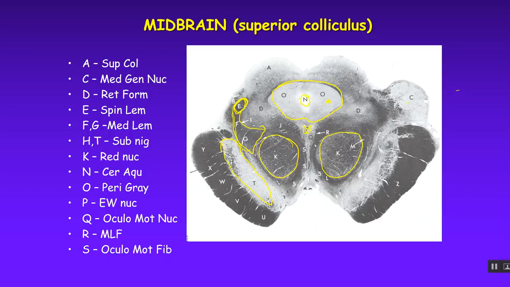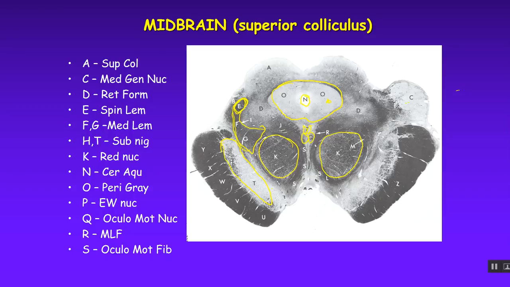little nuclei in here, most medial nuclei, a little bit back behind the oculomotor nucleus. That's the Edinger-Westphal nucleus. That's those little parasympathetic fibers that go for constriction of your pupils, that are in the oculomotor nerve. Q, on each side here, that's your oculomotor nucleus.